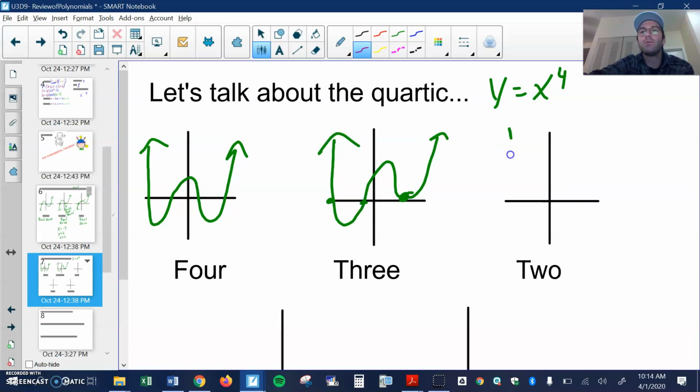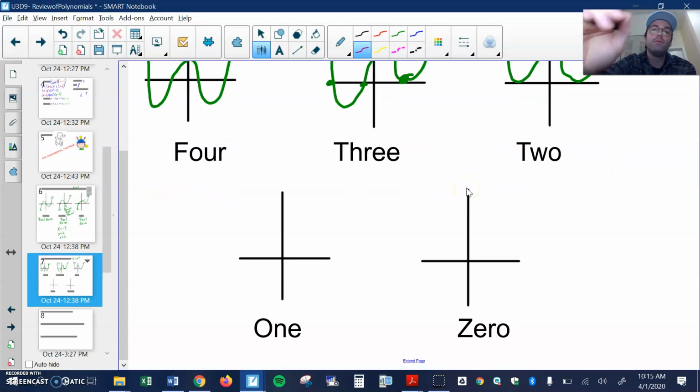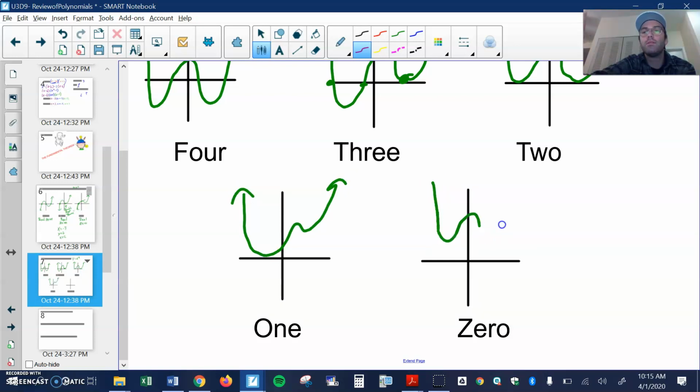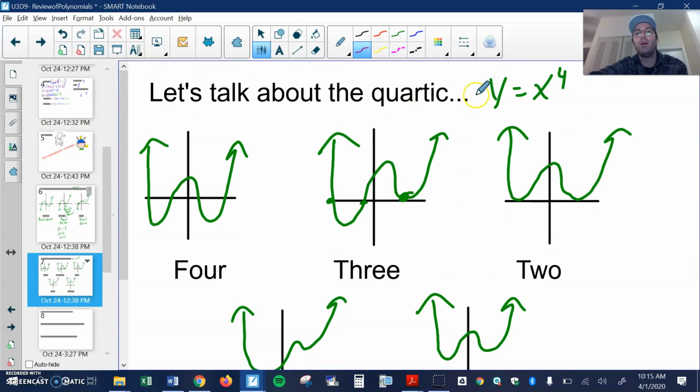I could have 2, so 2 double roots, like that. I could have 1, or I could have 0. So all of these functions would be an example of an even degree function with a positive leading coefficient. Notice how they're both going up, up, and away here.